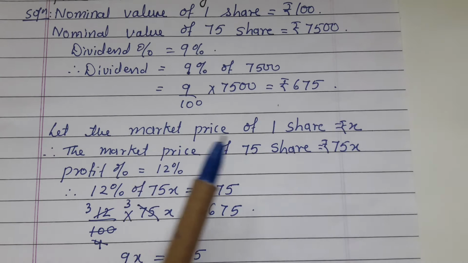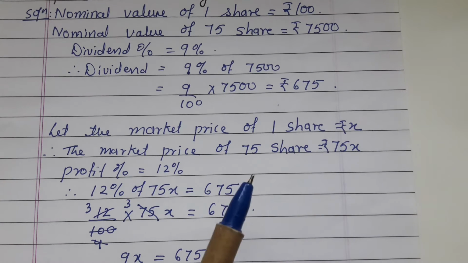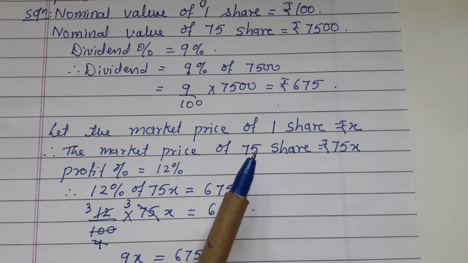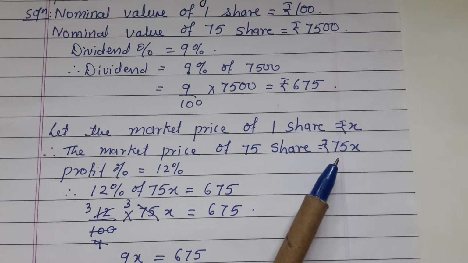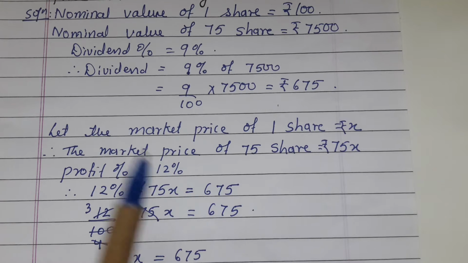Let the market price of one share be x. Therefore, market price for 75 shares, 75x. Profit percent, 12%.